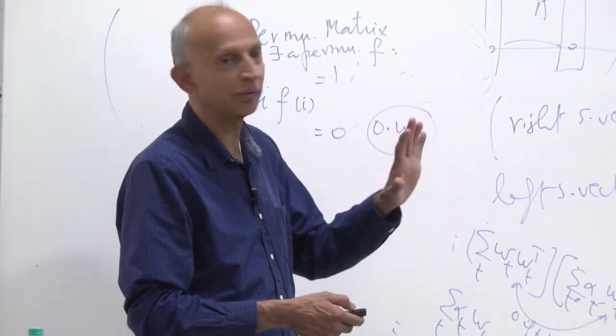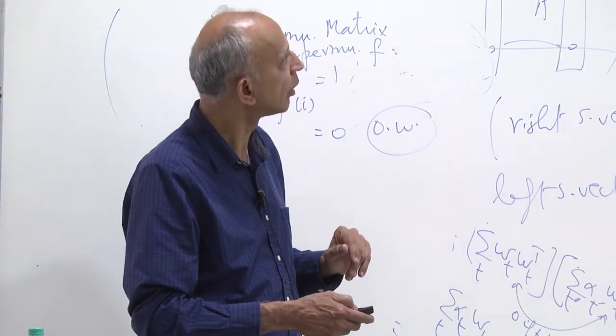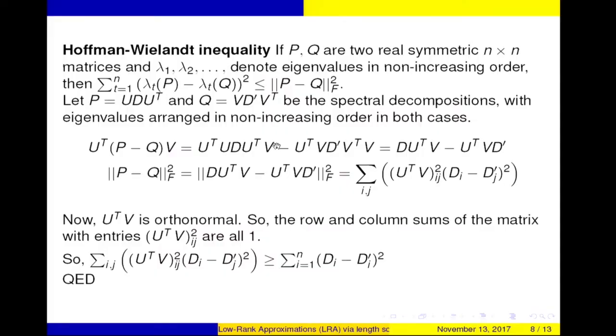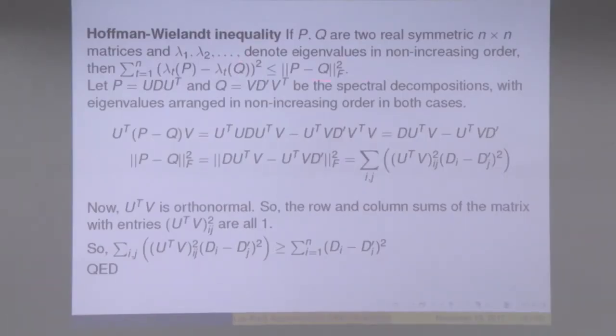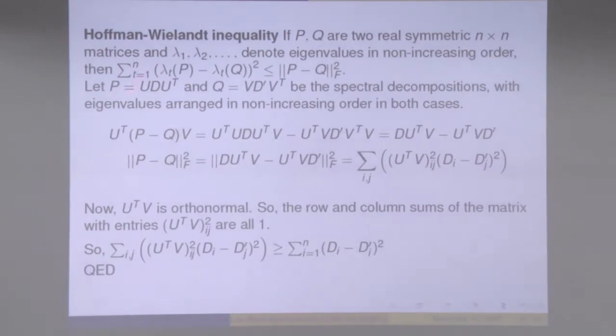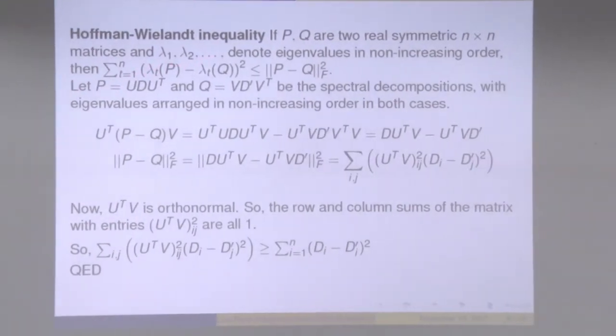So now Hoffman-Wielandt. Oh, I see. No. Okay, I guess I don't have it. I have it all displayed in one shot. This is the proof of Hoffman-Wielandt now that we have Birkhoff's theorem and all that. So if you have two real symmetric matrices P and Q with lambdas as the eigenvalues, arranged for both matrices in non-increasing order, then the assertion is the lambdas are close, provided P and Q are close.